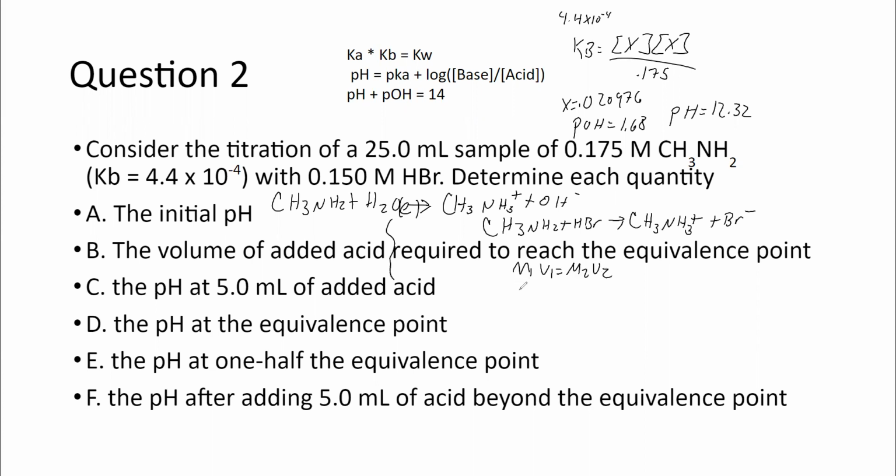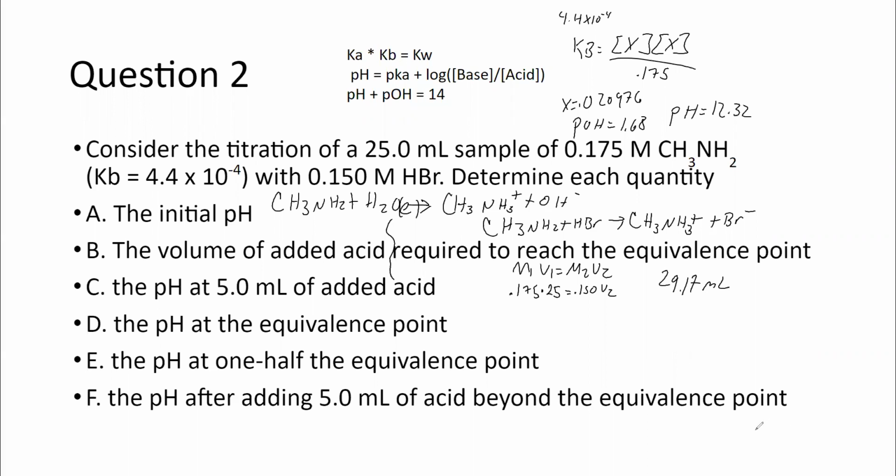My base has a molarity of 0.175, and I have 25 mL of it. That equals the molarity of my acid, 0.150, but I don't know how much volume I need. So let's do that calculation. You need 29.17 milliliters of acid to get to the equivalency point.